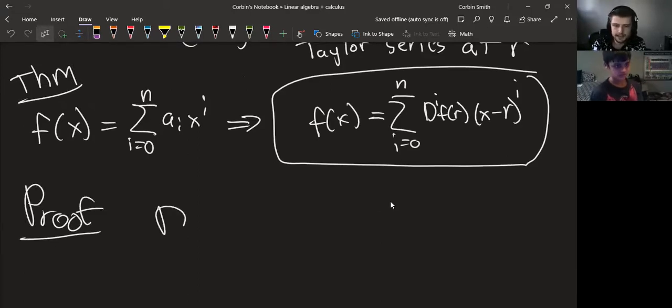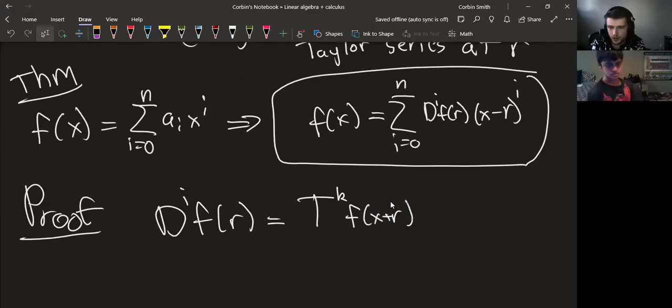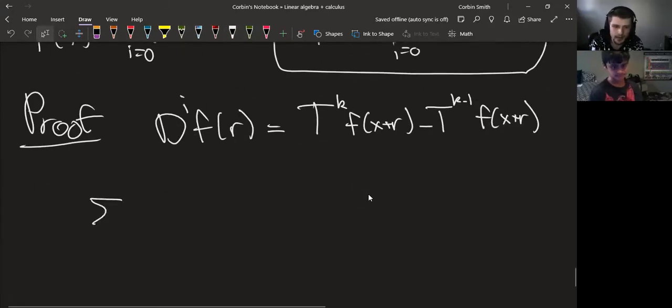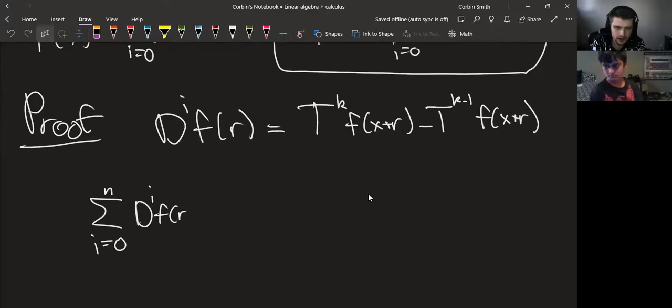So recall that di f of r, I'm going to write this as the kth truncation in f of x plus r. So there's no r on the bottom, which means that r is varying and x is fixed. Minus t to the k minus 1 f of x plus r. All right, so what happens if we sum from i equals 0 to n of di f of r, and then we have x minus r to the ith power.